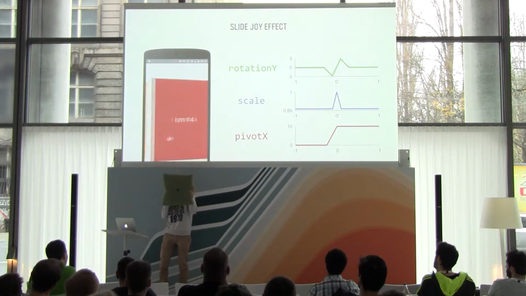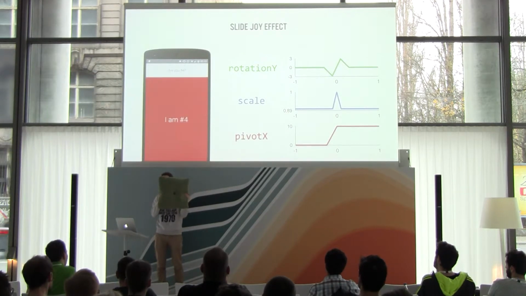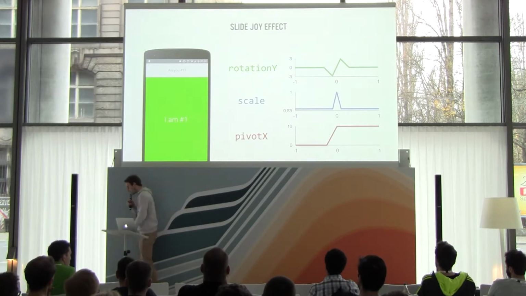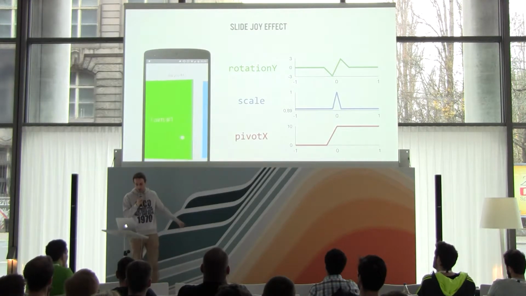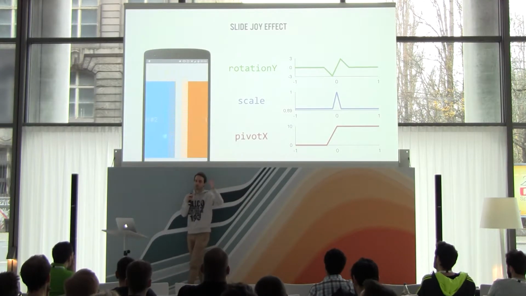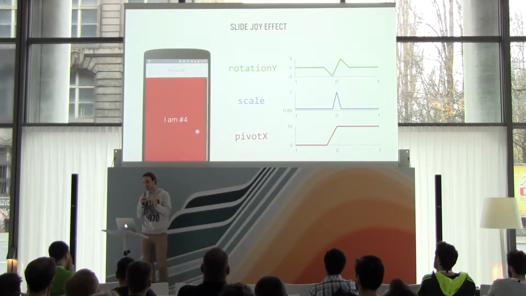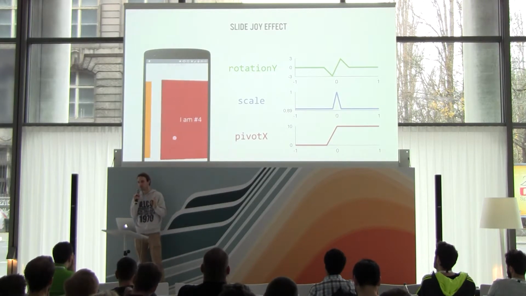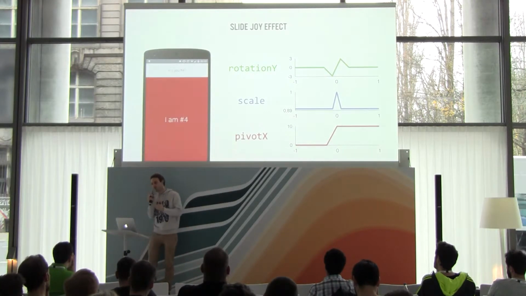You see that when it goes to the right, it looks different from the left, and that is caused by the pivot. If you see the pivot here, at 0 we are completely changing it. 0 is when it goes to the left side, and then the other value is not 10, it's the size of your view, the width of your view, when it's going to the right side.